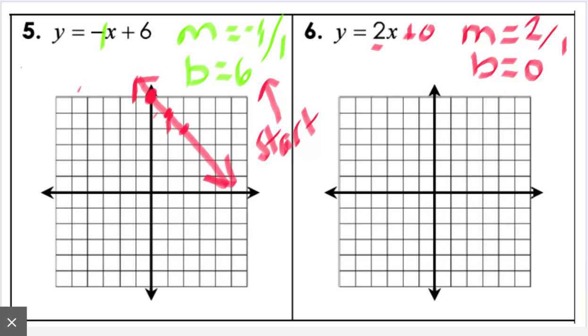Now remember, you always want to start at the y-intercept. So we're going to put a point at 0, and then we're going to rise up 2, run 1. Rise up 2, run 1. So we have these 3 points. You just draw a line through those 3 points.